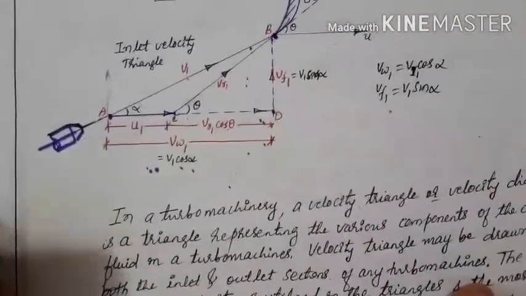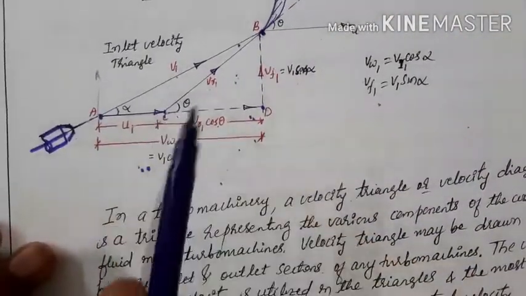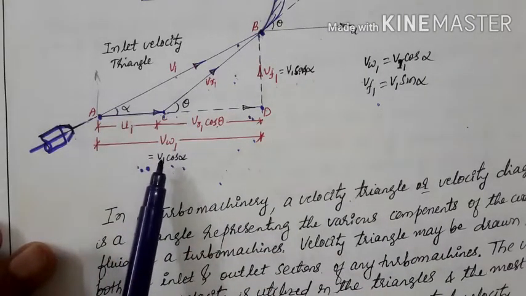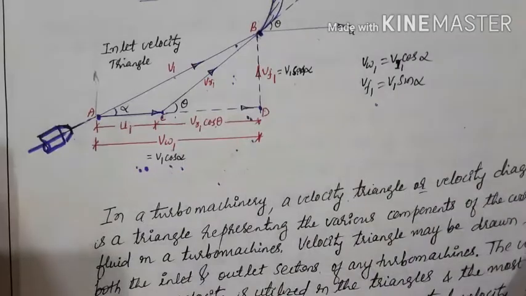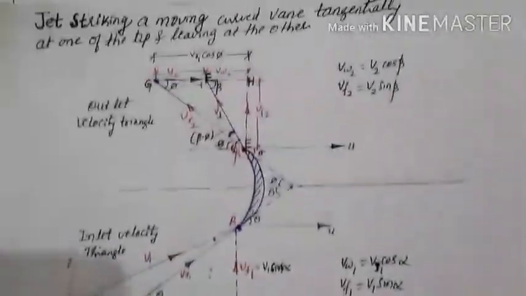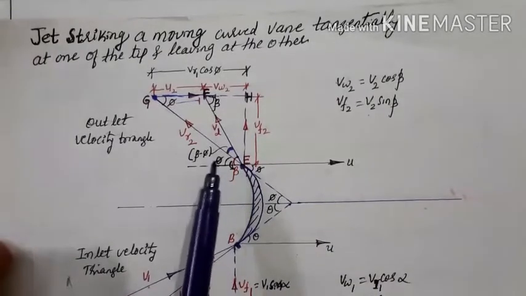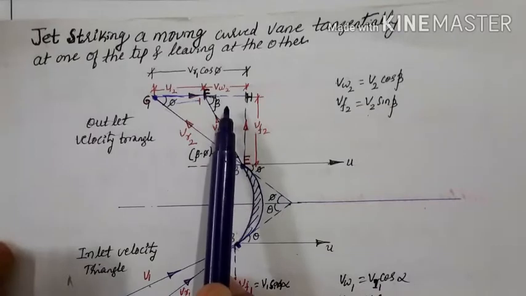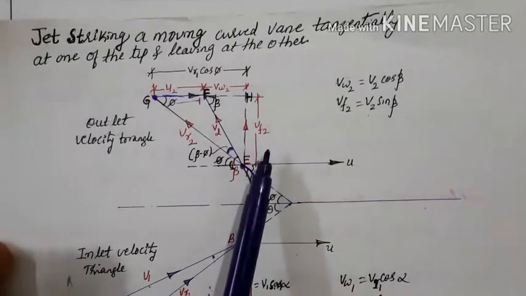At inlet you will get Vw1 and Vf1, that is velocity of whirl as well as velocity of flow. Similarly at outlet you have to resolve, and you will get Vw2 and Vf2, called the velocity of whirl at outlet and velocity of flow at outlet.